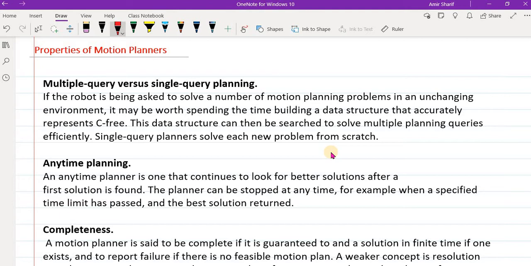Instead, you build your data structure so that it's reusable and can be used for planning a path multiple times. So that's the difference between single query and multiple query motion planners.